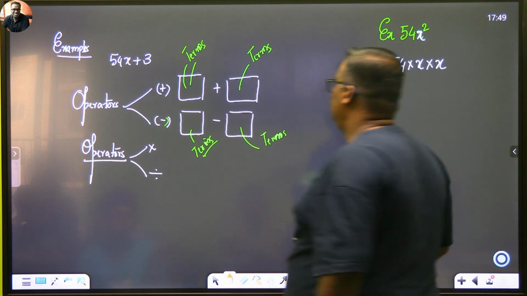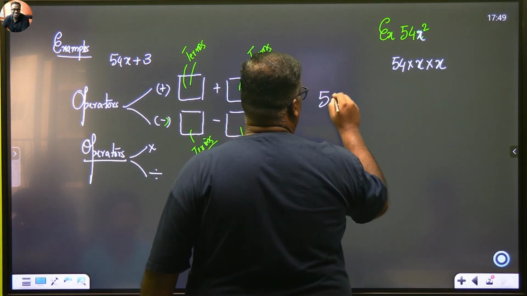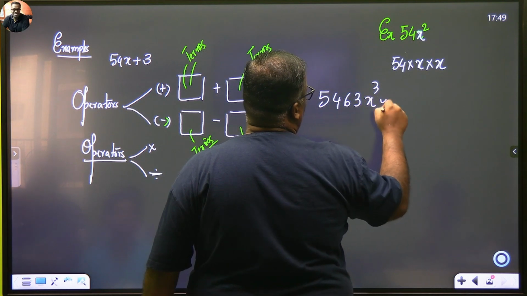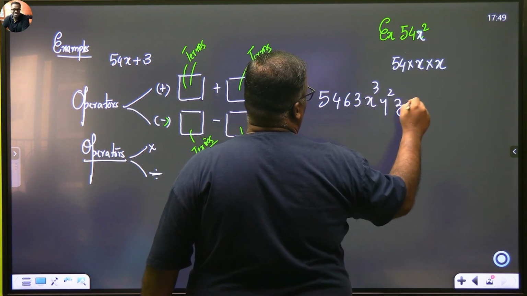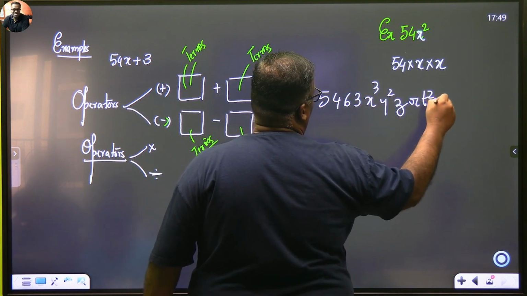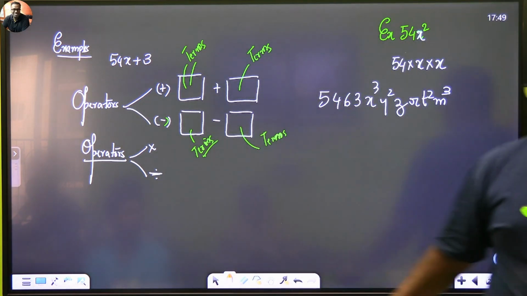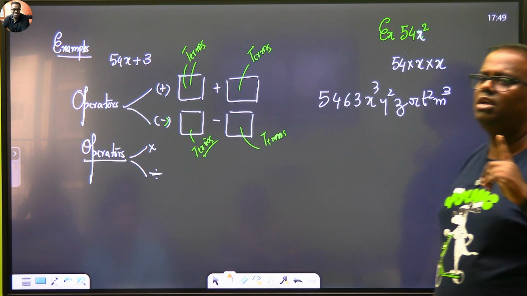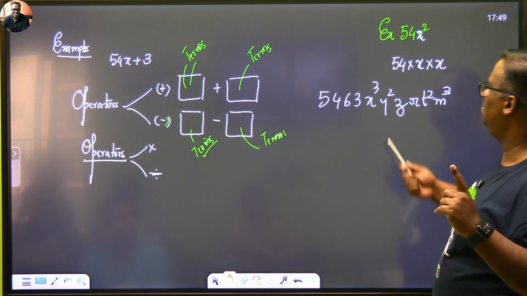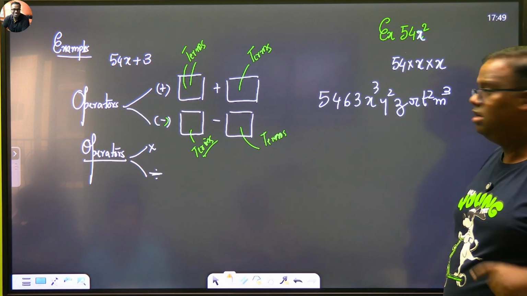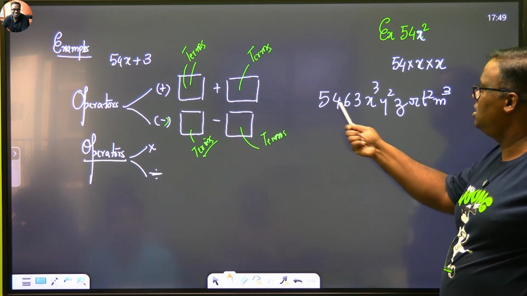Let me write something more. 5463 x cube y square z r t square m cube. Just look at it. Just some abracadabra I wrote. Yes, it's a single term. And how many variables are there? 1, 2, 3, 4, 5, 6. So what is this number?